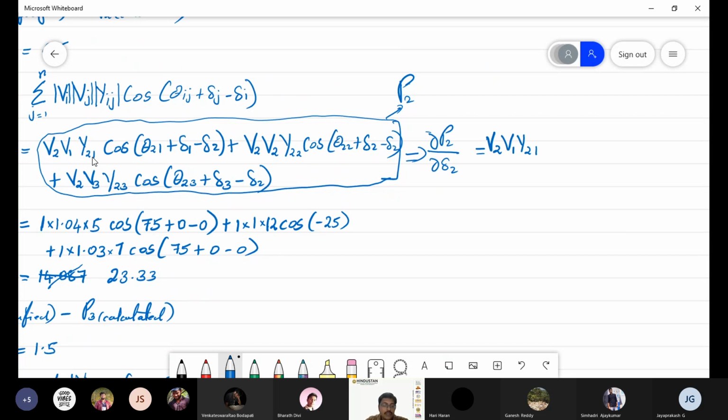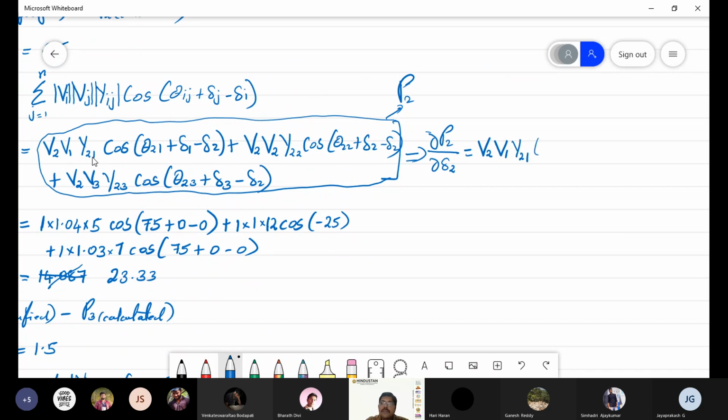Can you tell me the differentiation of cos theta? So I'm writing a little bit. V2, V1, Y21, yeah.